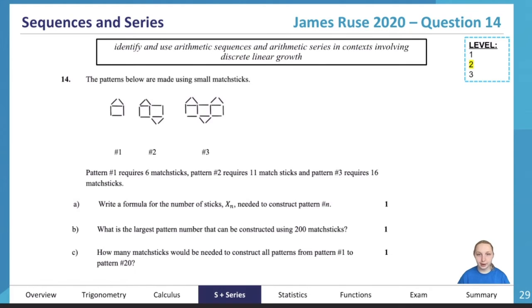So we've got the patterns below are made using small matchsticks. Immediately when you see that they've given you a diagram, think about counting the matchsticks. So 1, 2, 3, 4, 5, 6. Here, 1, 2, 3, 4, 5, 6, 7, 8, 9, 10, 11. And 1, 2, 3, 4, 5, 6, 7, 8, 9, 10, 11, 12, 13, 14, 15, 16.